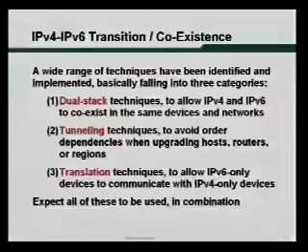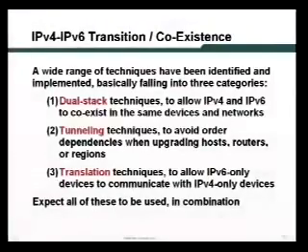So as far as the integration, the transition and coexistence is concerned, you'll have dual stack, you have tunneling, and you have translation, right? So dual stack, I talked about what dual stack is. By default a router is forwarding IPv4 packets. Well, then I shouldn't say that, because for Cisco, we were doing IP and AppleTalk and all this stuff. There were like 3-4 stacks. So this is just an addition.